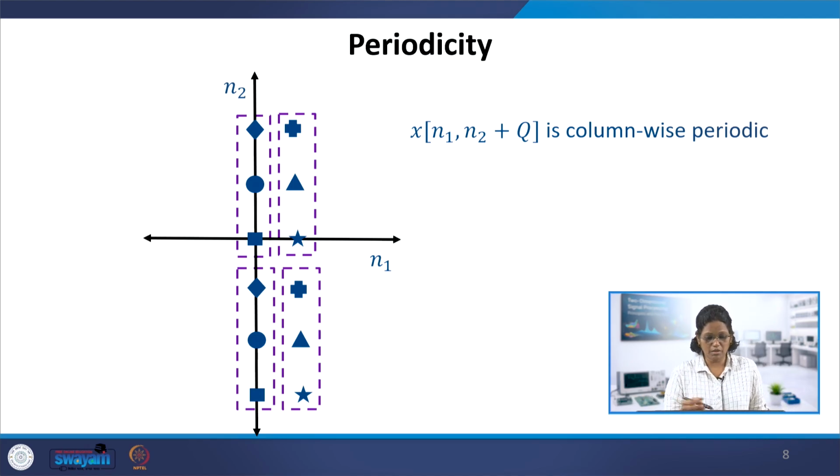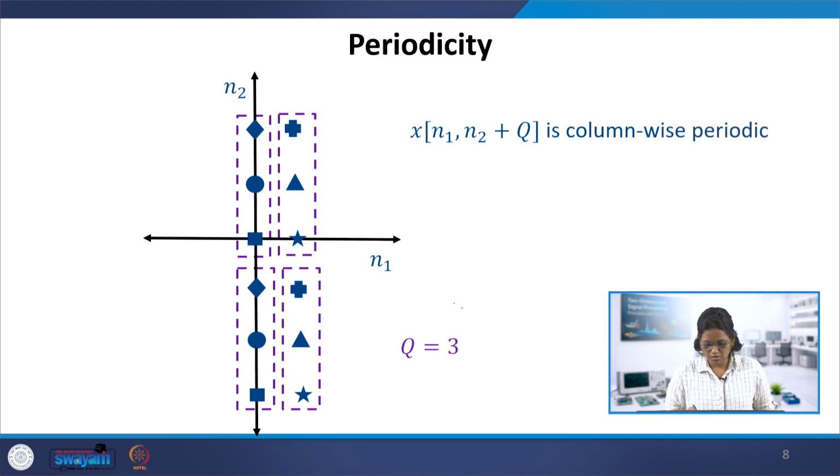Similarly here, it would be repeating with respect to N1, or with respect to N2. If it is repeating with respect to N1, that is in the row, it is called row-wise periodic. If it repeats in the column, that is column-wise periodic.